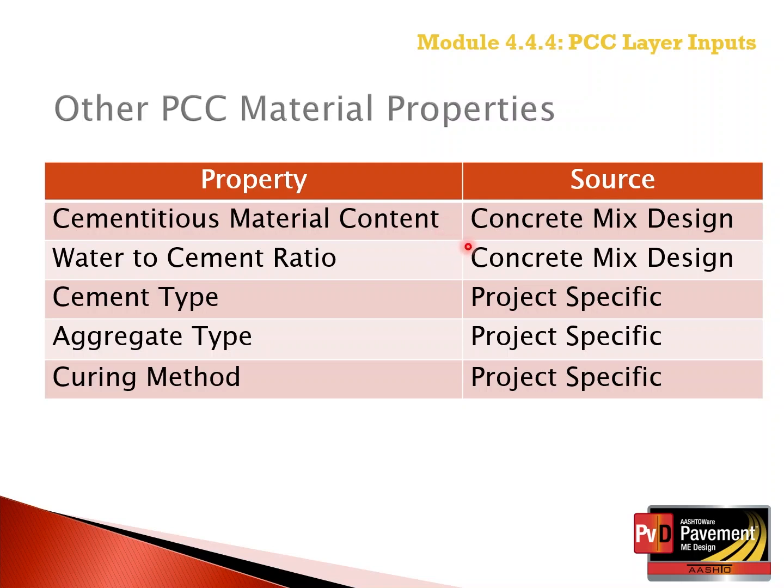Again, remember from an earlier slide, the values noted from the concrete mixture design should represent the average values of a specific PCC mixture estimated from the agency's construction materials database.